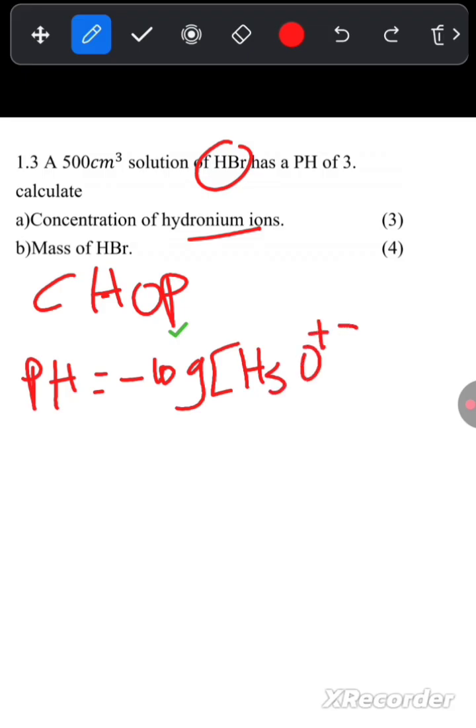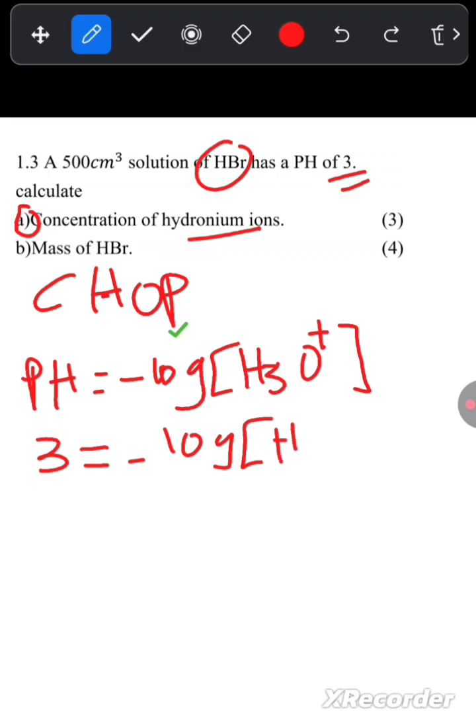The question says calculate the concentration of hydronium ions. Now our pH is 3, so you put a 3 in the place of pH.